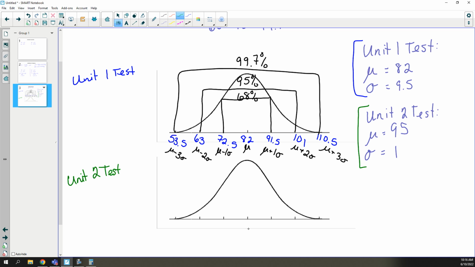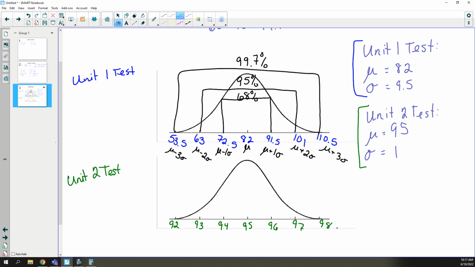So if we put that mean in the center of 95, well, -1 would be 95 minus 1 is 94. -1 again is 93, just because I specified a standard deviation of 1. -1 a third time is 92. And then you're going to fill in the other side as well. So this would do +1. So 96, plus 1, 97, plus 1, 98.